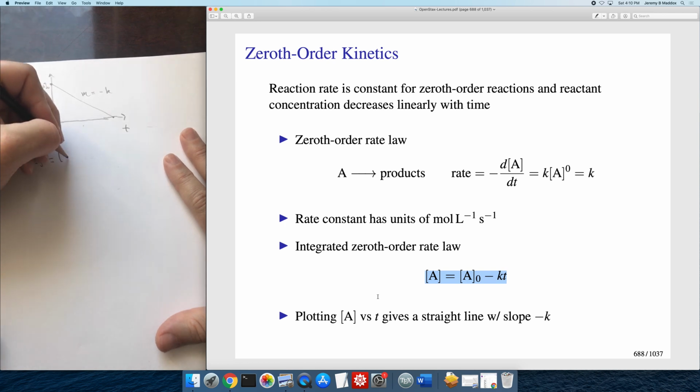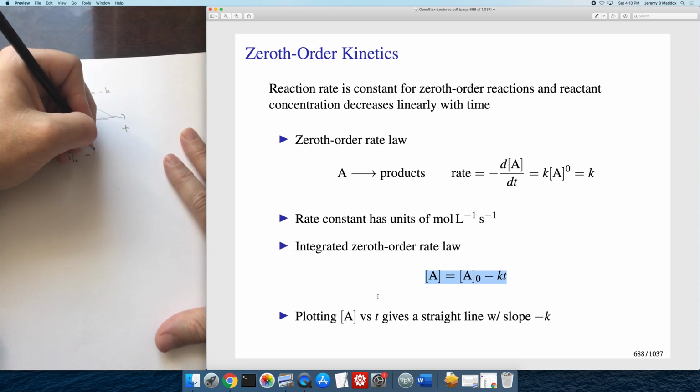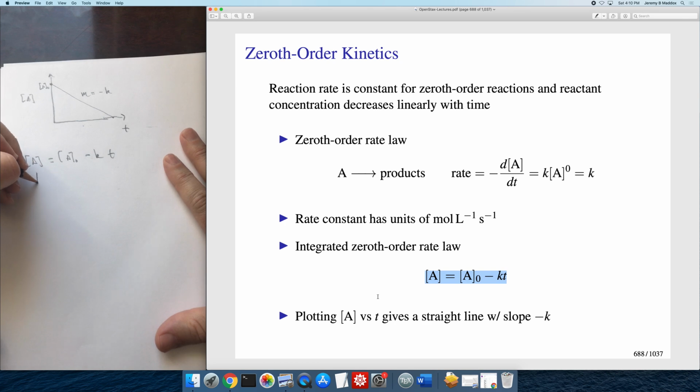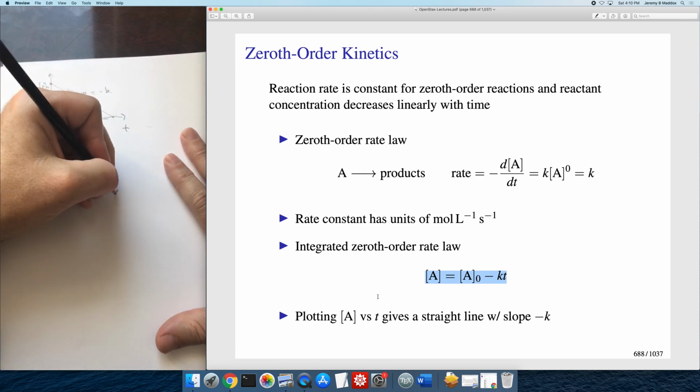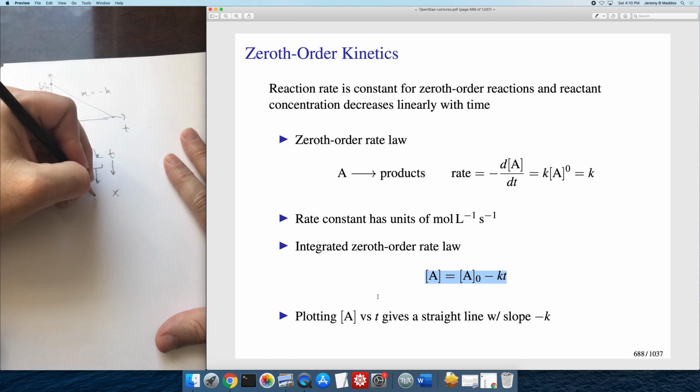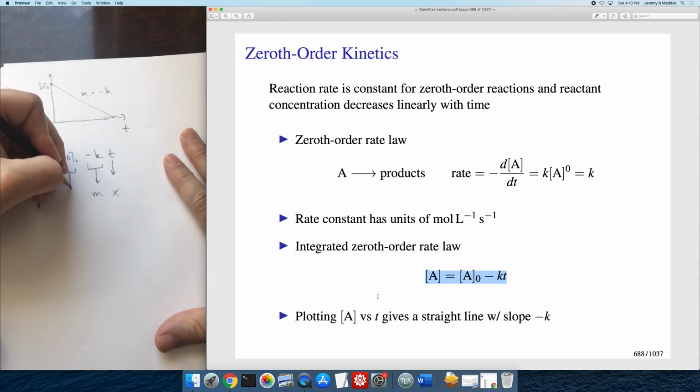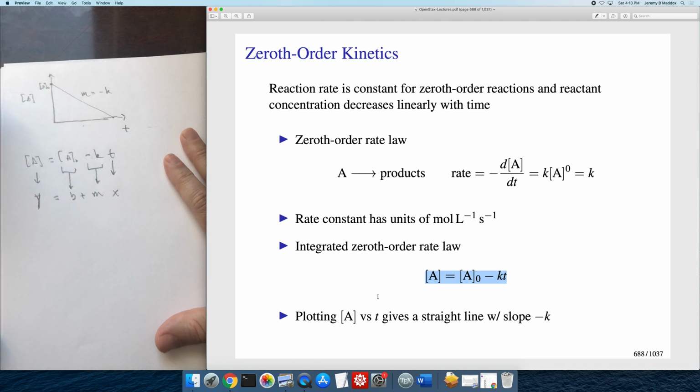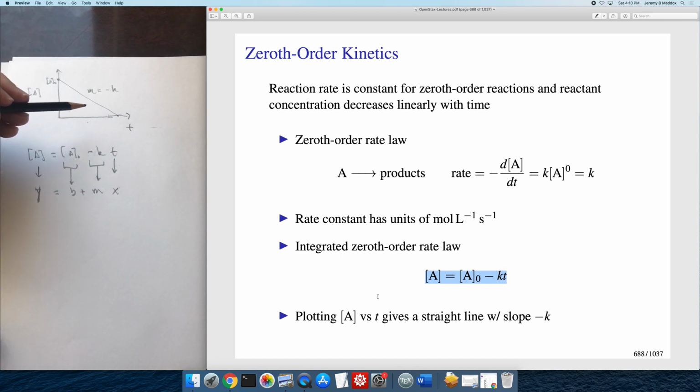A equals A0 minus kt. You plot this along the y-axis, t is your x-axis, minus k is your slope, and A0 will be your intercept. And so again, you've got the equation for a line. So for zeroth order kinetics, you plot concentration versus time. If you get a linearly decreasing graph, you know it's zeroth order. And then the slope is equal to minus the rate constant.